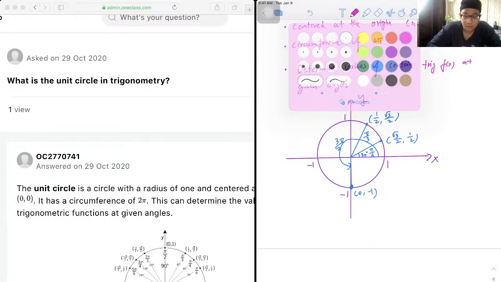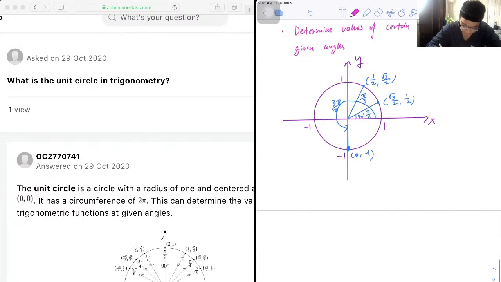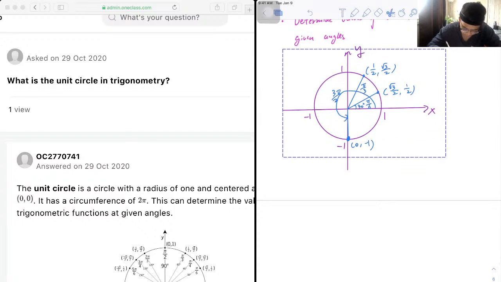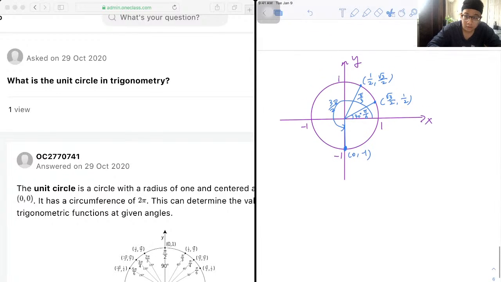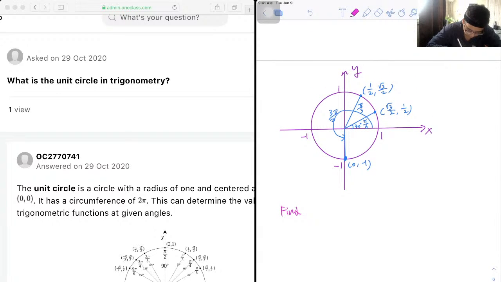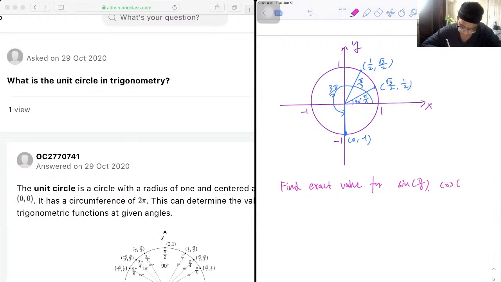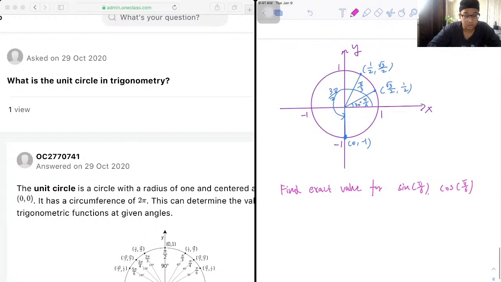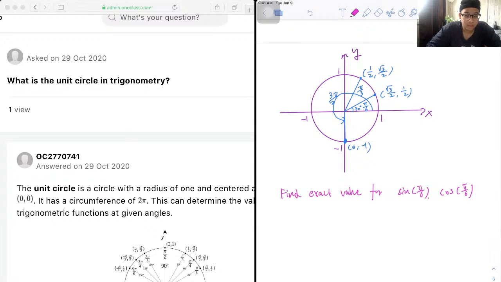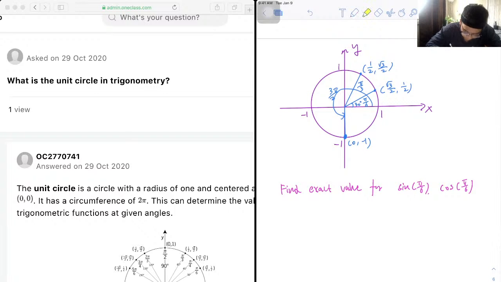If there's a question asking us to find the exact value for sine pi over 6 and cosine pi over 6, we just need to look at the unit circle, and the coordinate of the point corresponding to the angle of pi over 6 is right here, root 3 over 2 and 1 over 2.